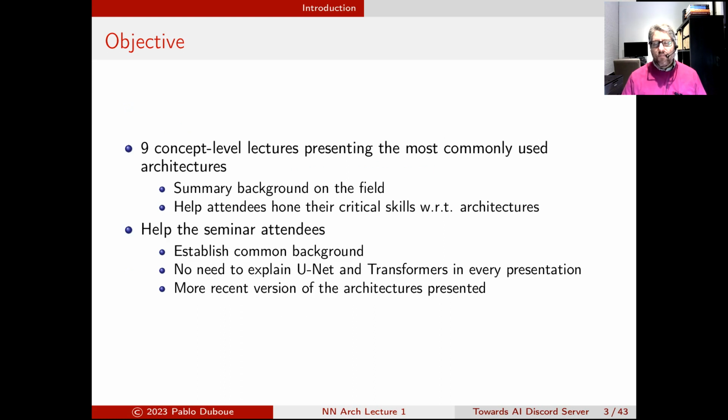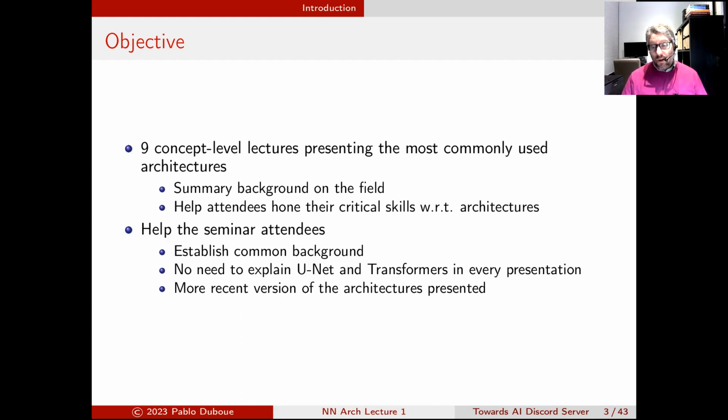Technology in neural networks is so complex that we really get taken away by the technical details. The intention is to take a little more abstract view and to really focus on the architecture itself. And also, of course, to help the people presenting at the seminar to establish common background.